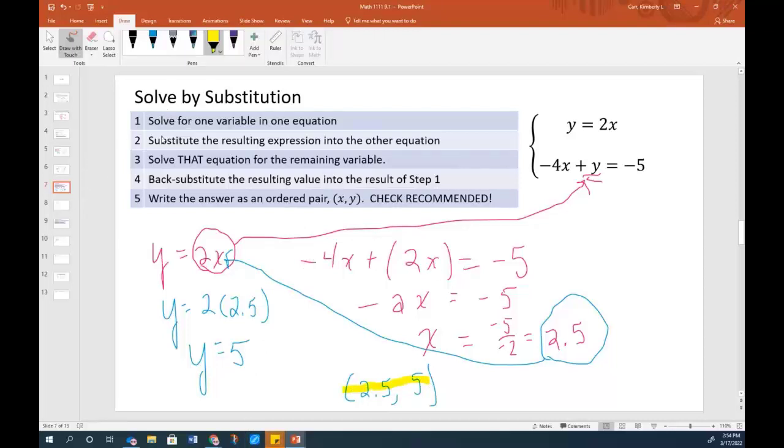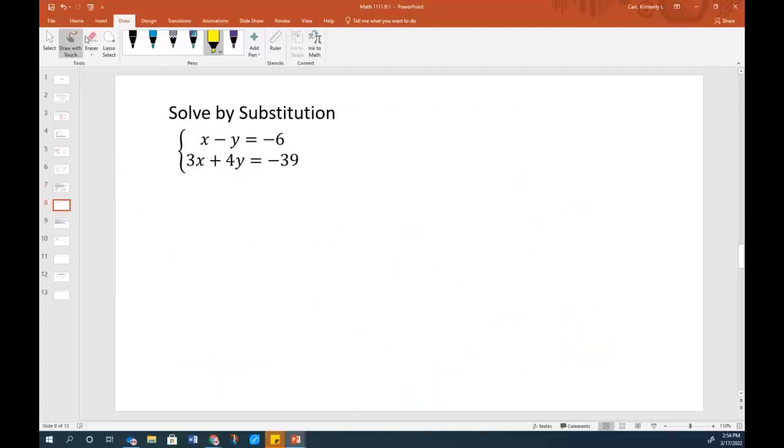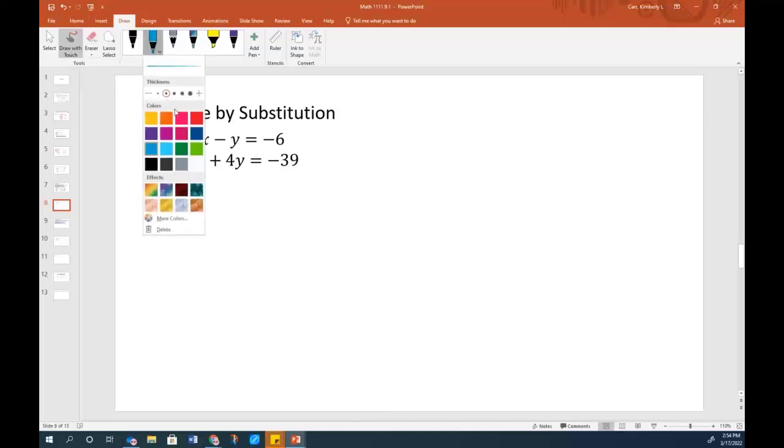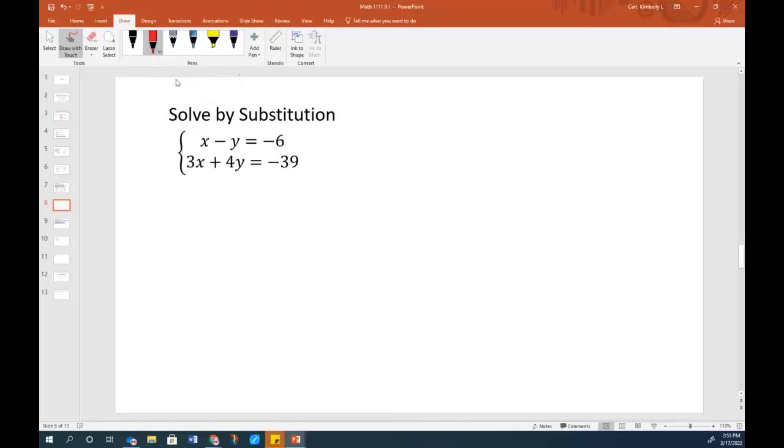So I think we're going to do this again on the next one, and I'll just walk us through it. So we're going to solve by substitution. Step 1 says to get one of the variables in one of the equations all by itself. You cannot pick the wrong one. You just have to choose. So I'm going to choose to get x by itself, and when I rearrange this, I get x is equal to y minus 6.